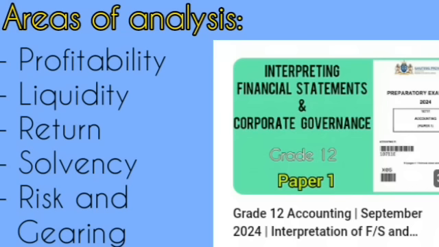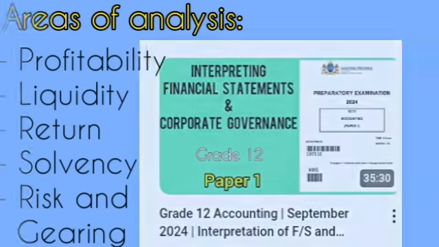In that video, we go into detail as to what each and every one of them tests and what financial indicators are able to tell you about each of these areas of analysis. So when they say comment on the profitability of this company, you know which financial indicators you need to be talking about.